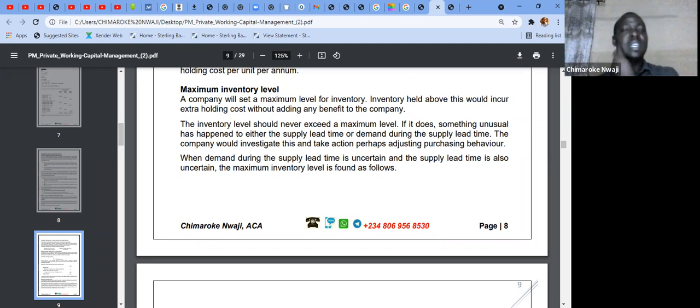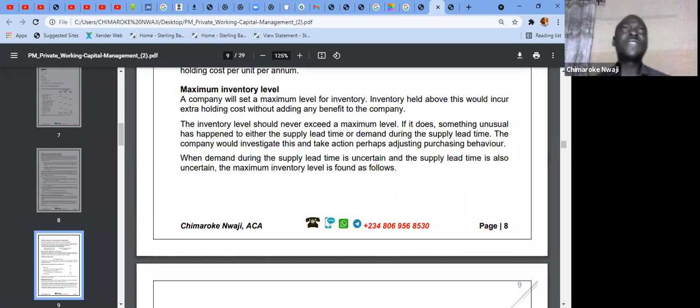So when the level hits 90, you know that you're not going to make any order. It's getting to 100, dangerously high. And say your reorder level is maybe 40. When it gets to 50, it starts warning you. It's getting to reorder level.